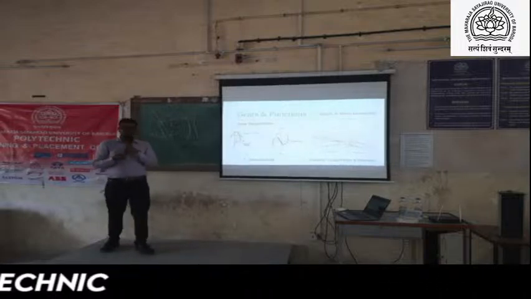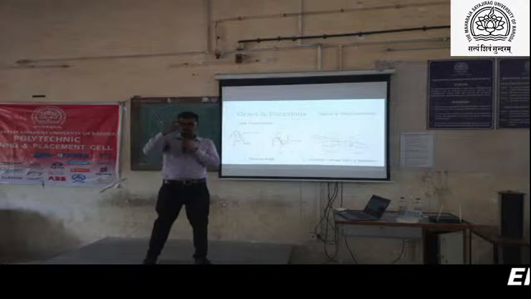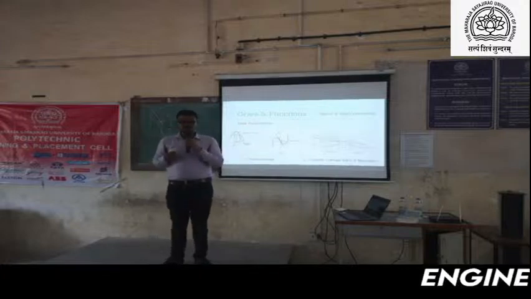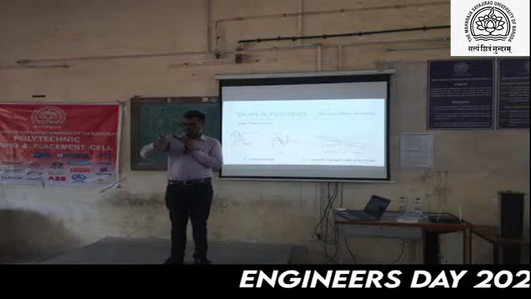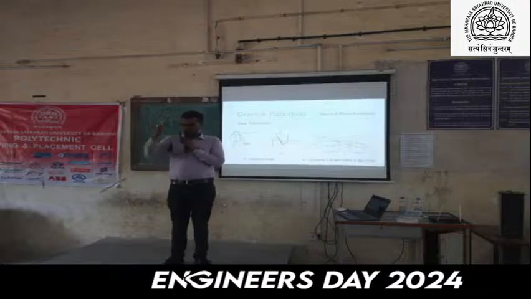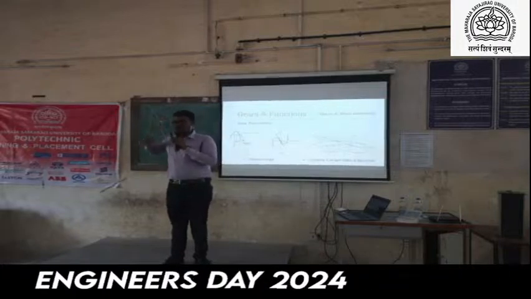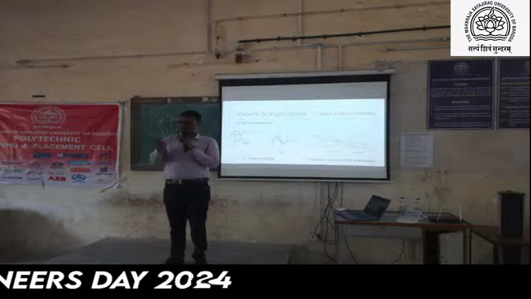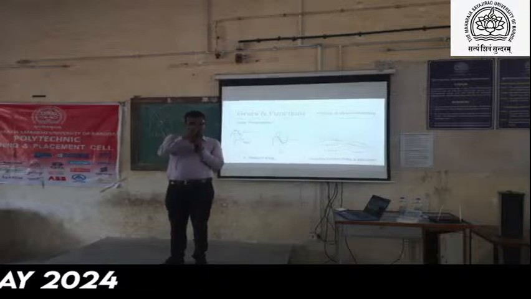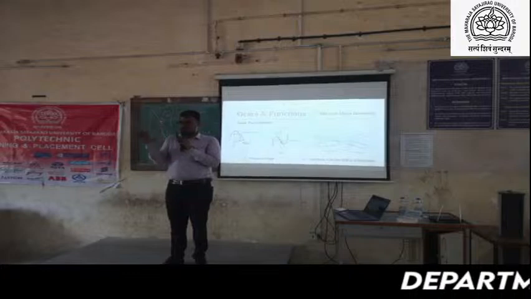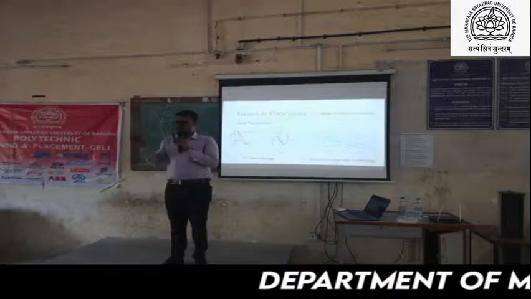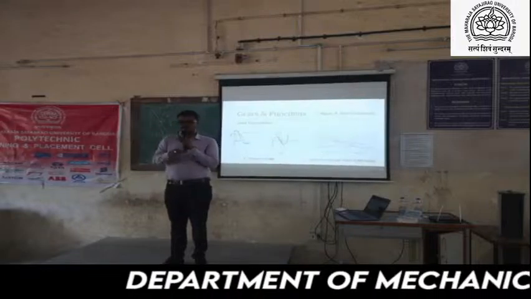See, in spur there are no angles; the angle is zero. Helical has some helix angle. If you tilt it, the contact area can be increased. So comparing spur and helical, helical gears have much more load carrying capacity than spur gears.